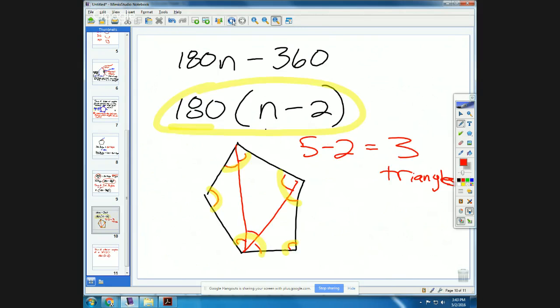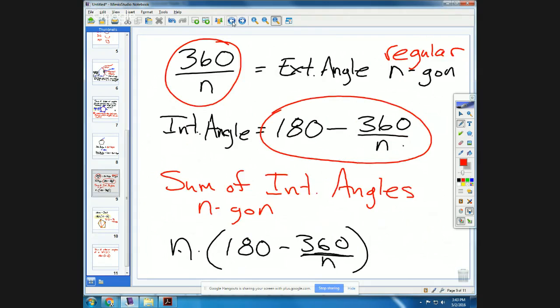The part where I got stuck with just regular ones was when I defined the exterior angle as 360 over n. That's only if every angle is the same, which means it's regular. Well, angles and sides both being the same would be regular. Can you have a polygon that has all the same angles but isn't regular?